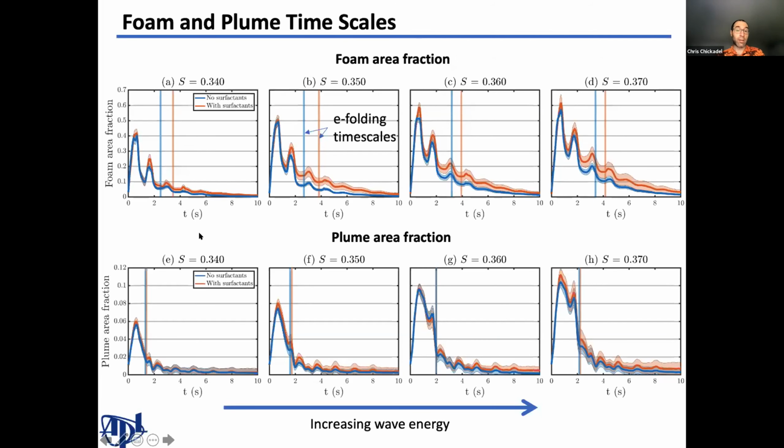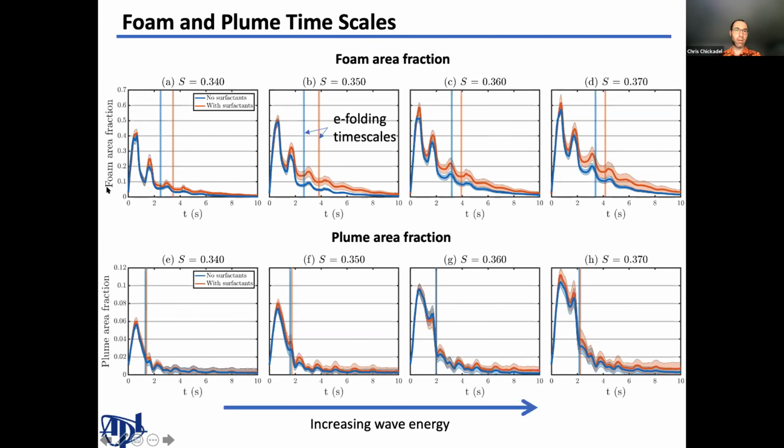Following the work of Callahan, in an effort to reproduce it to make sure that we're getting consistent results for the visible portion, Naeem employed an exponential decay fit to this foam fractional area, which is in the top series of panels.